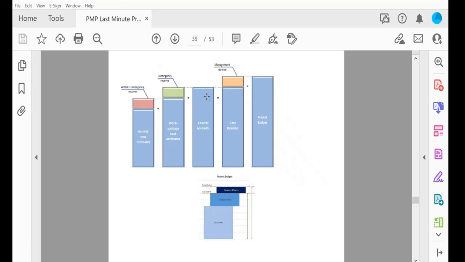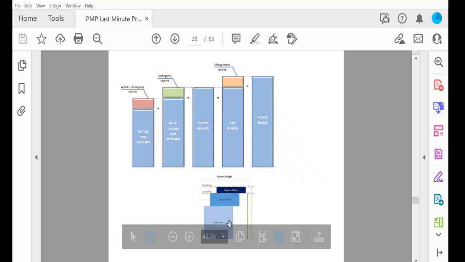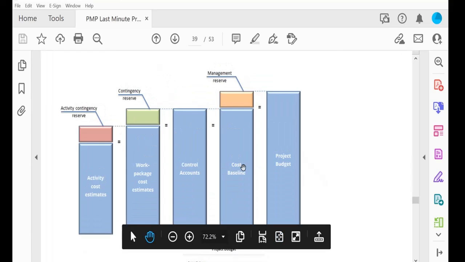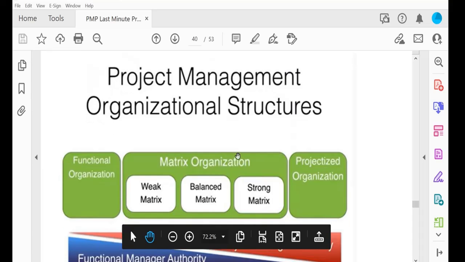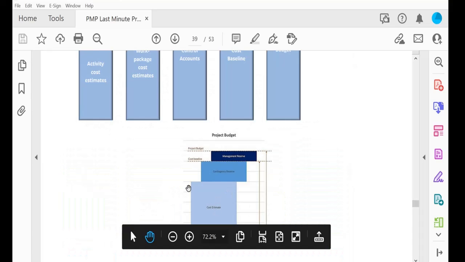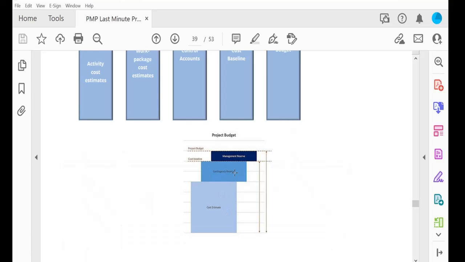Then this control account gives the cost baseline, and with the management reserve, it becomes the project budget. So here you can see the cost estimate, then contingency reserve gives the cost baseline, and adding the management reserve to the cost baseline gives the project budget.